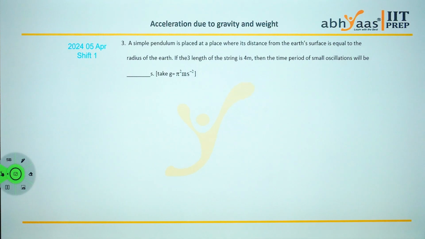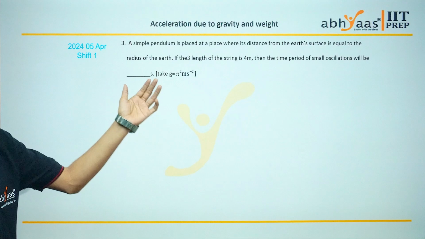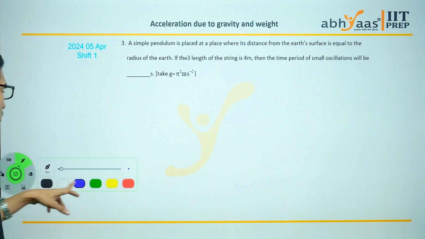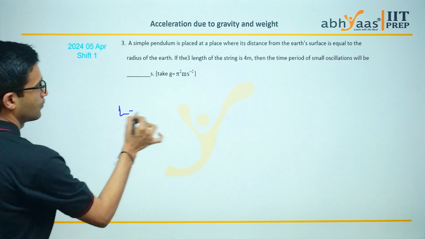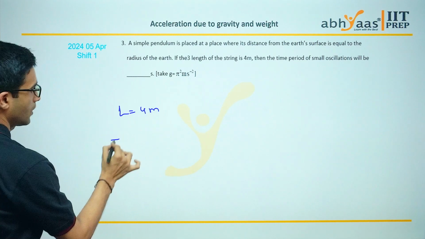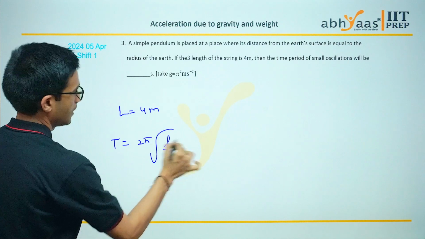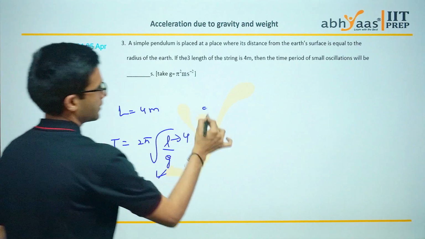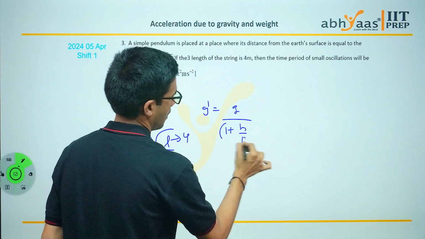Next question. Here a simple pendulum is placed at a height where its distance from the earth surface is equal to the radius of earth. Length of the string is given, L equal to 4 meters. What you have to find is T equal to 2 pi root of L by g. L is given as 4 meters, g is pi square, but g dash we have to calculate. g dash is equal to g by (1 plus h by R) whole square.